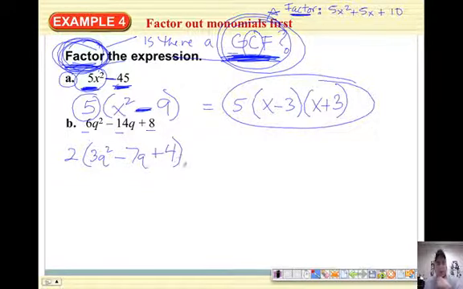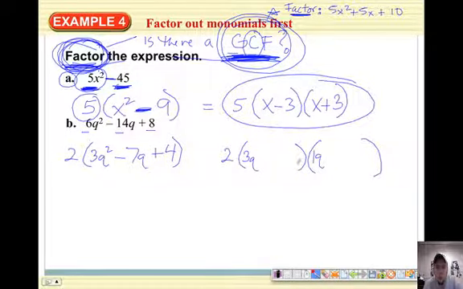Then I look at this and say, can this factor? It's ugly, yes, but can it factor? Well, slide and divide, or find factors of 3, find factors of 4, and see if they work. Factors of 3, that's easy. There's only 3q and 1q. So 3 and 1 make 3.